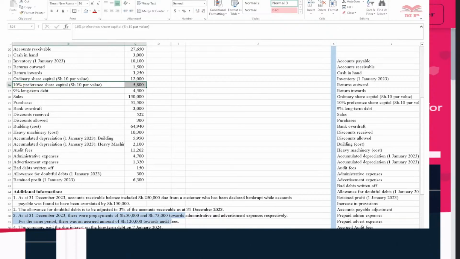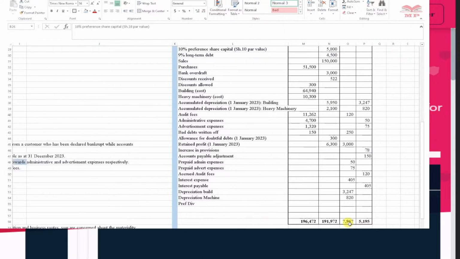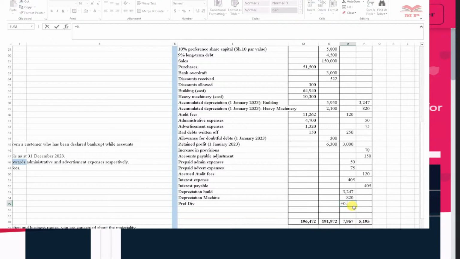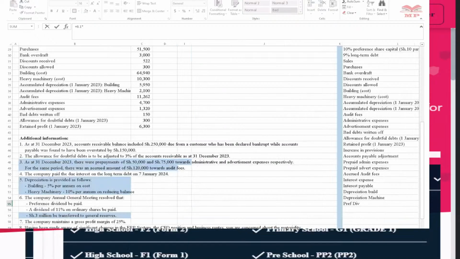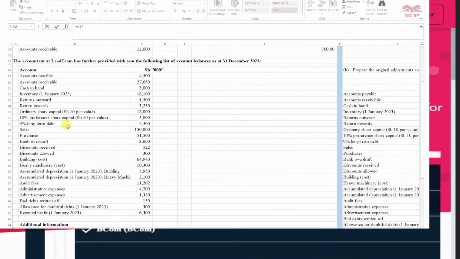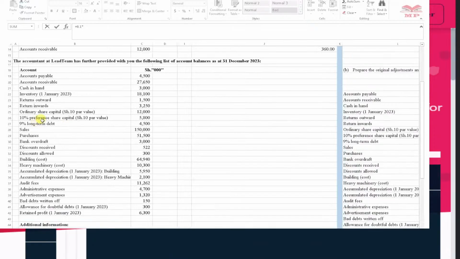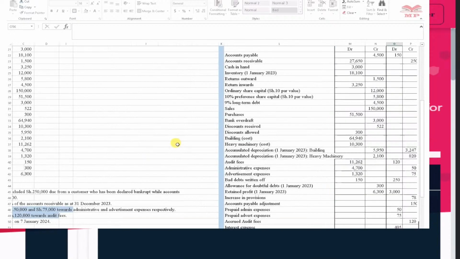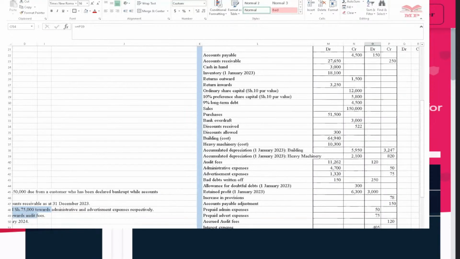Let's put it right down here. It's good to always link it with the values here.